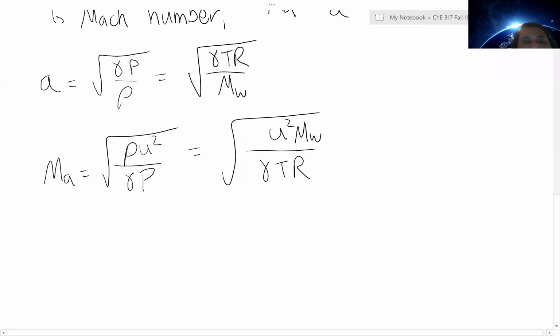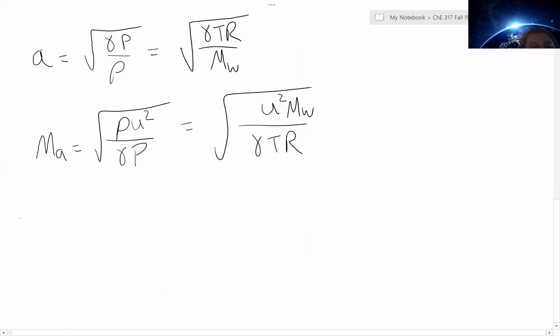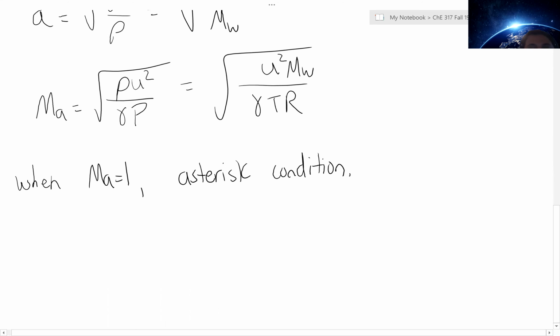And we also considered that when our Mach number is equal to 1, we have what's known as the asterisk condition of the fluid, with our fluid properties being denoted by an asterisk.